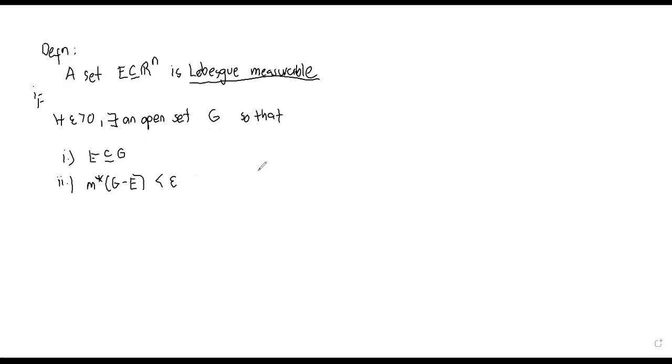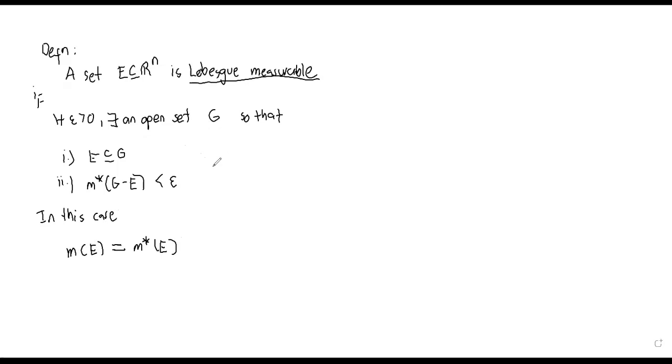Okay, so in this case, if M of E is the Lebesgue measure of E, then the Lebesgue measure of E is equal to the Lebesgue outer measure of E. So kapag ang isang set ay Lebesgue measurable, then ang Lebesgue measure niya is the same as the Lebesgue outer measure.